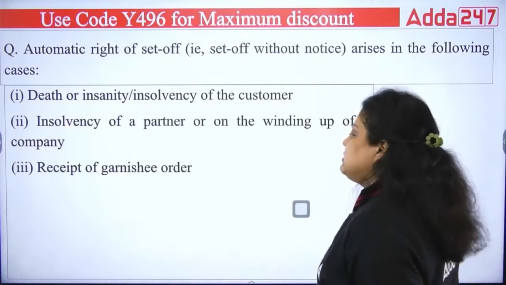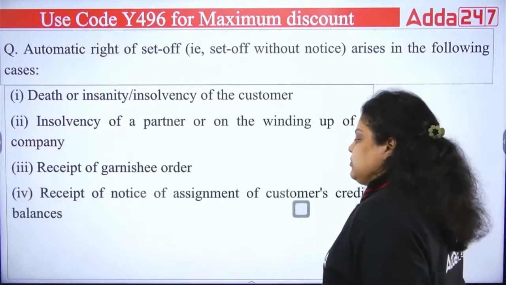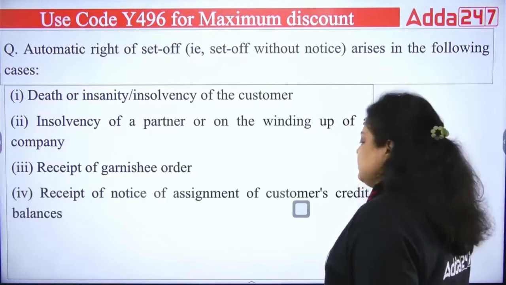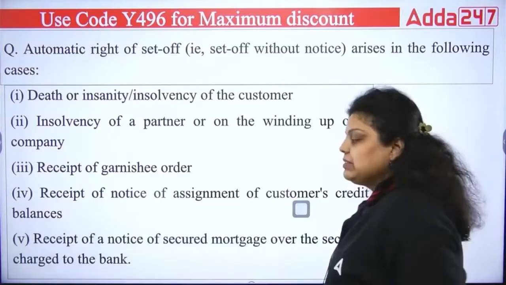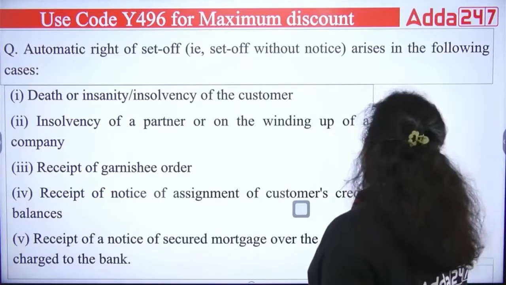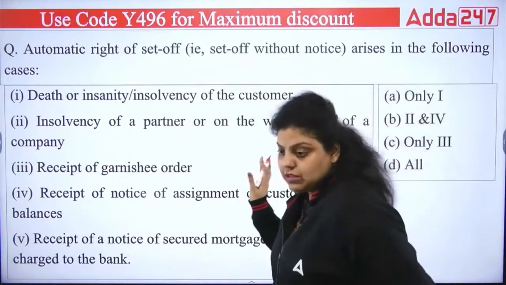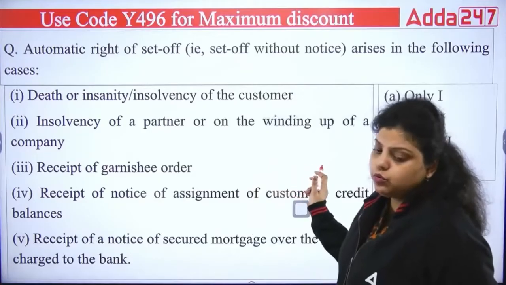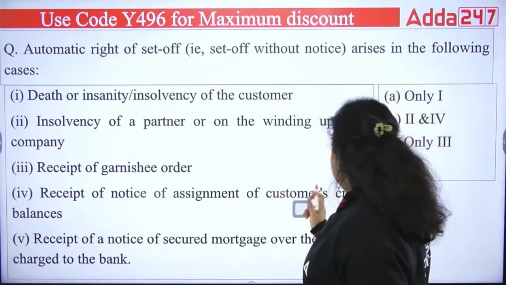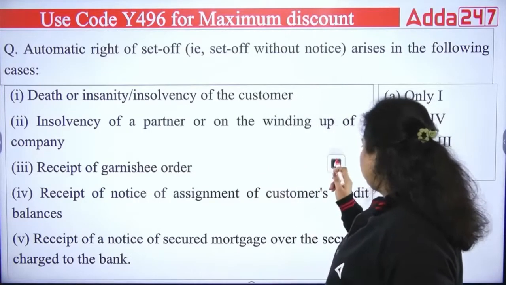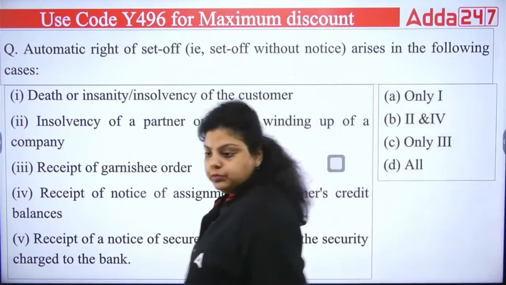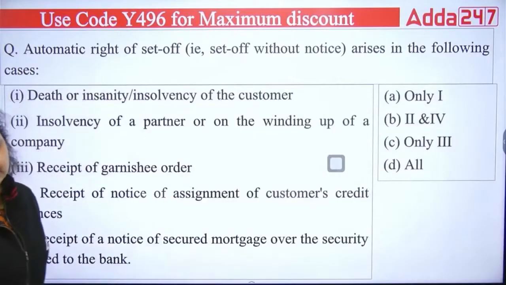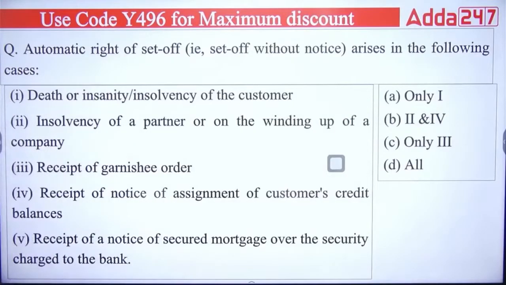Then next we have receipt of a garnishee order, receipt of notice of assignment of customer's credit balance, the receipt of notice of a secured mortgage over the security charge to the bank. These kinds of options have been given: only 1, only 2, 4. So you have to answer in which of the following cases the automatic right of set off comes.